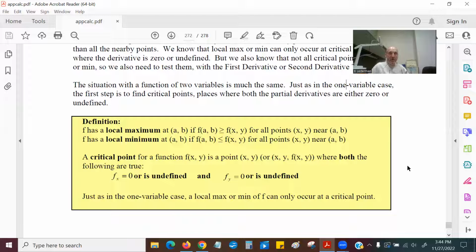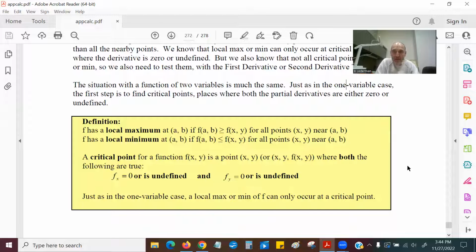The partial derivative of the function with respect to x is either zero or undefined, and also the partial derivative of f with respect to y is zero or undefined. And I'm really just reading what it says in the yellow box.